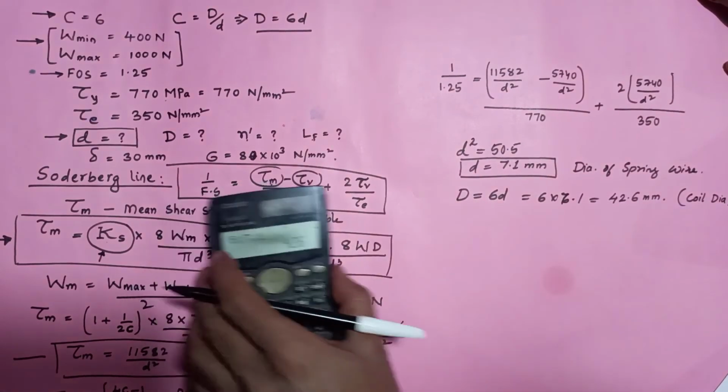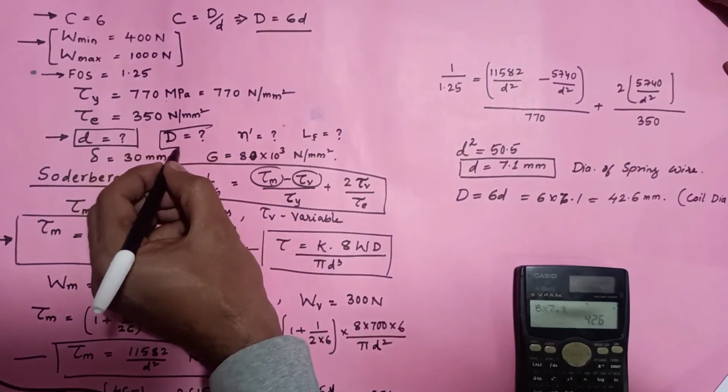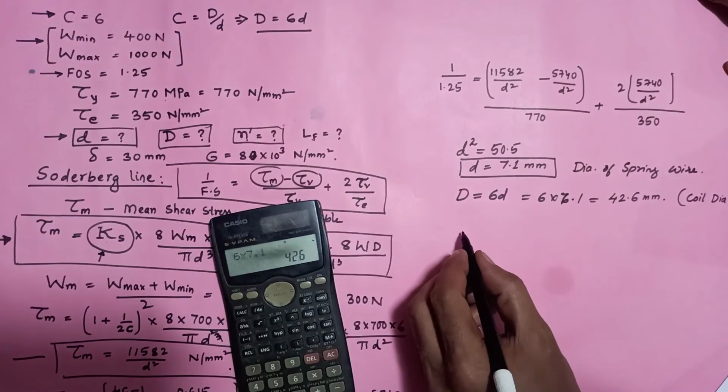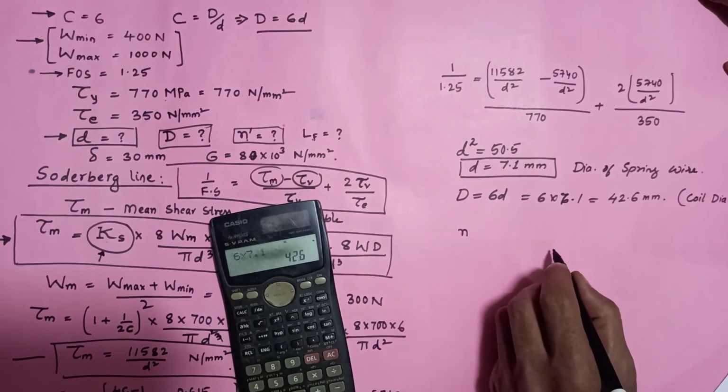Now the number of active turns. First we will calculate the number of turns.